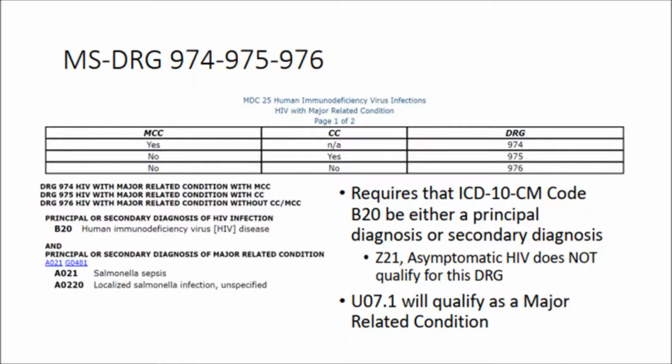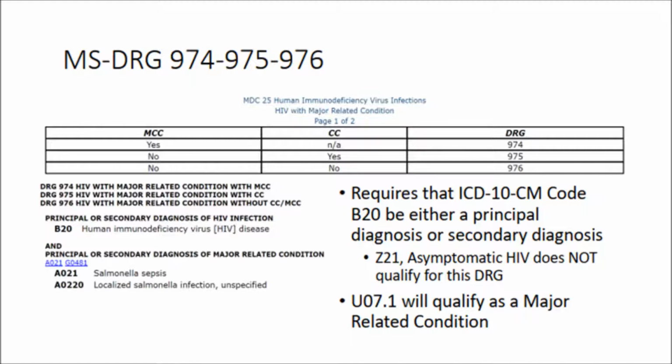DRG 974, HIV with major related condition with MCC. DRG 975, HIV with major related condition with CC. DRG 976, HIV with major related condition without CC or MCC.